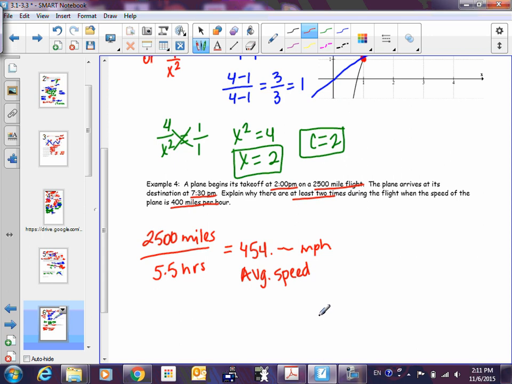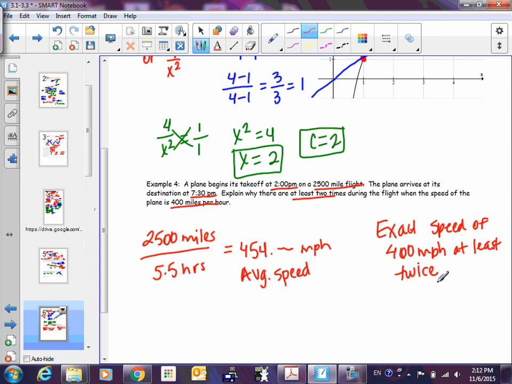So how do I know then that the plane has to have an exact speed of 400 miles per hour at least twice? Yeah, it has to go through 400 to get to 454.